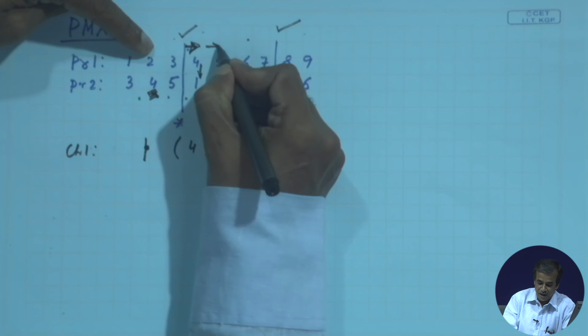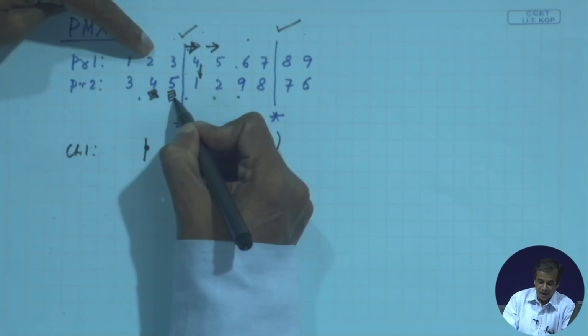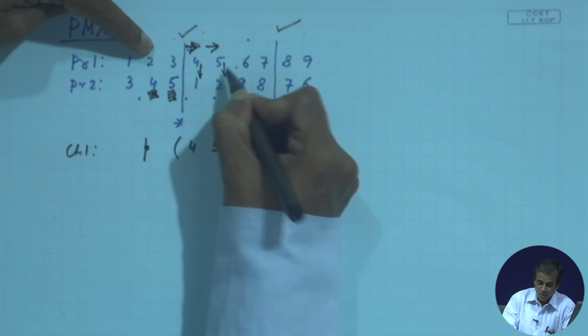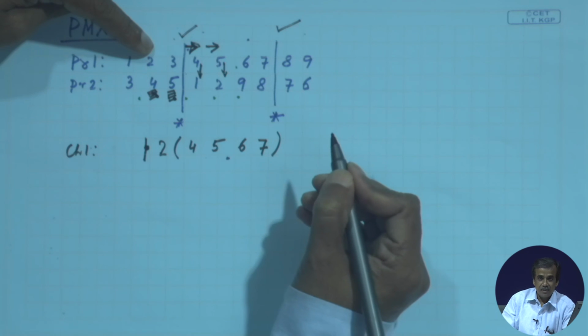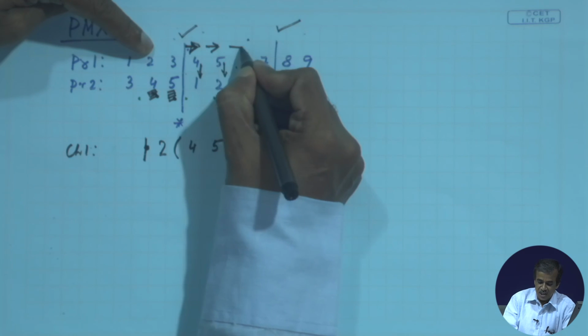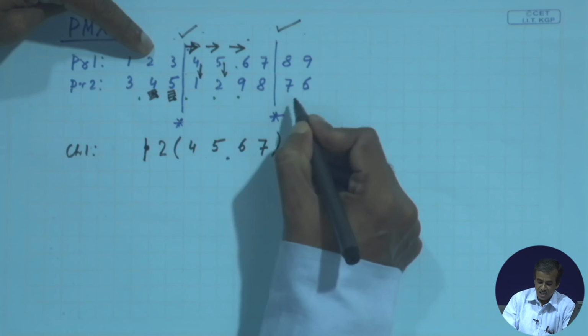Next you go to 5. So, this is the possible location of 5 on parent 2, and at this location you put city 2, because 2 corresponds to 5 here, put 2 here. Next is your city 6. You find out the possible location of city 6 on parent 2.